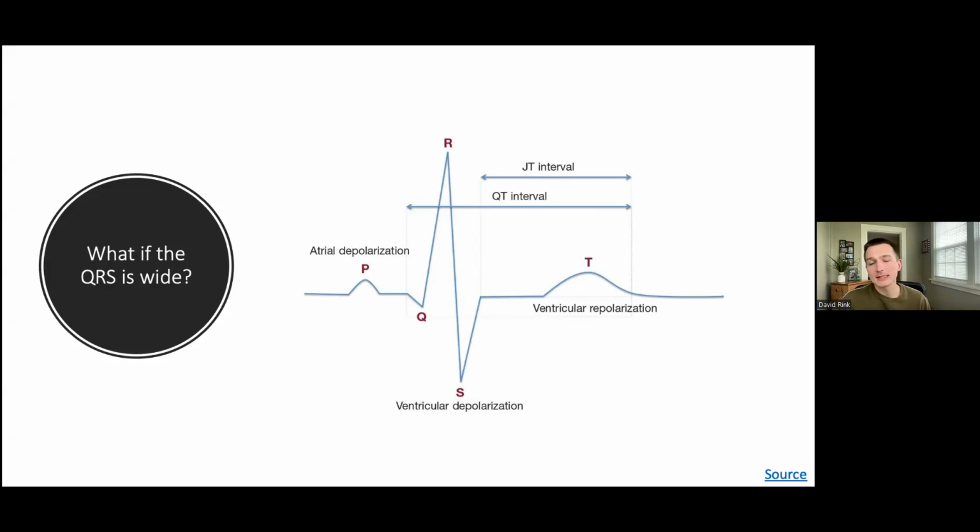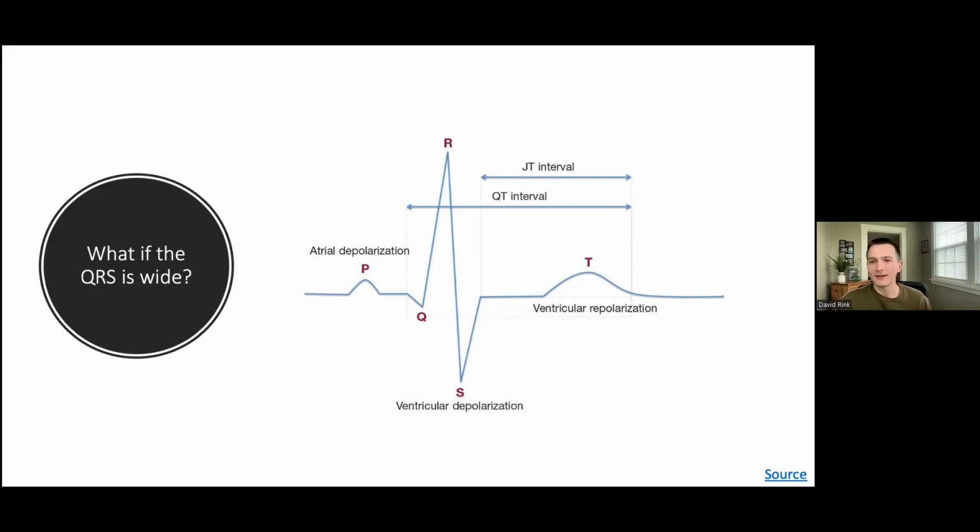In these cases, some would advocate for the use of the JT interval, as you can see here, which is calculated in the same way, like a corrected JT interval you would calculate similar to a corrected QT interval. And the J point is where the QRS ends and the ST segment begins. In these cases, a reasonable cutoff for a normal JT interval would be less than 330 milliseconds.